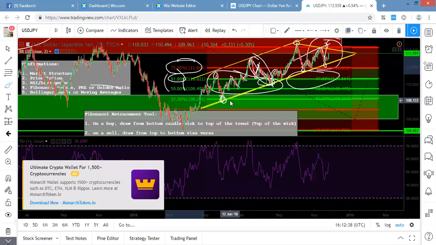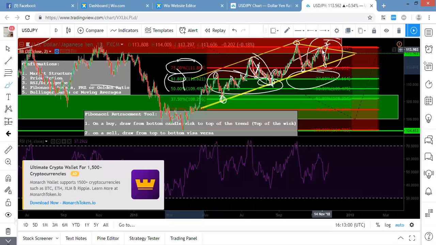What levels is it consolidating in between the 50 and the 61.8, also known as the PRZ or the price reversal zone. Now, you could consider the 75% price reversal zone here on this chart as well, because it did react, it touched it, and then it went back up, right?